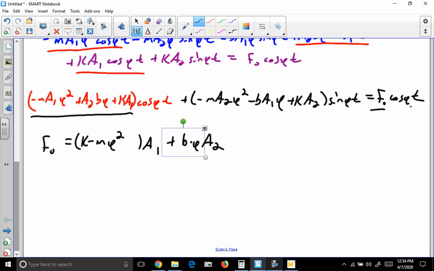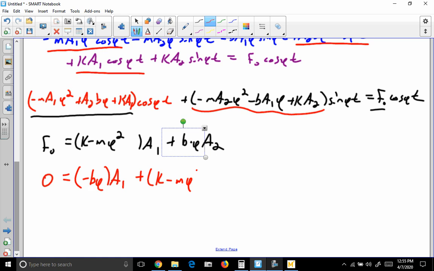We don't have any sines on the right, so the coefficient of sine needs to be 0. So 0 needs to be, sorting in terms of A1, minus b gamma, that's the coefficient of A1, and then the coefficient of A2 is k minus m gamma squared.